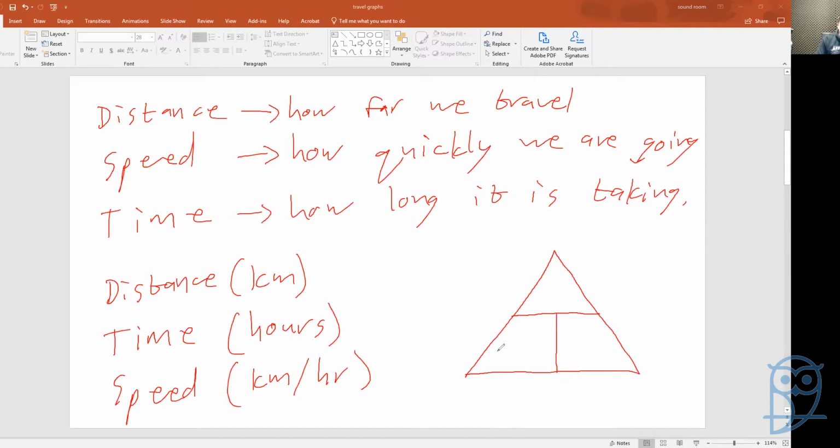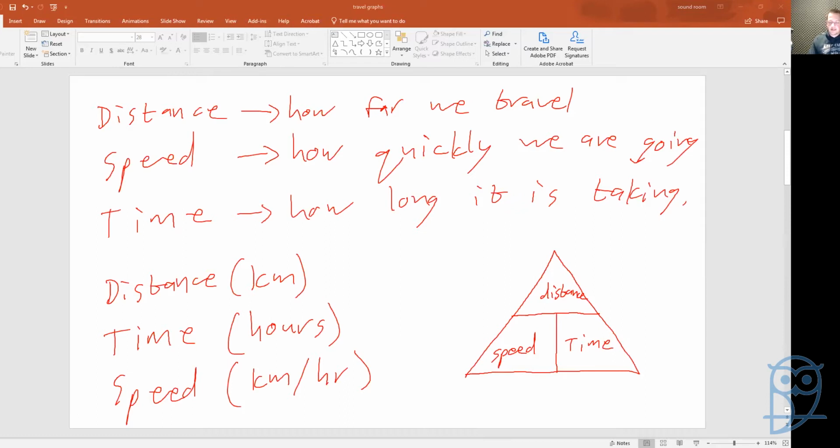So we can have that our speed over here, distance over there, and time over there. Great. So what we need to do is, if we are looking to calculate one of them, so for example, I am looking to calculate speed.